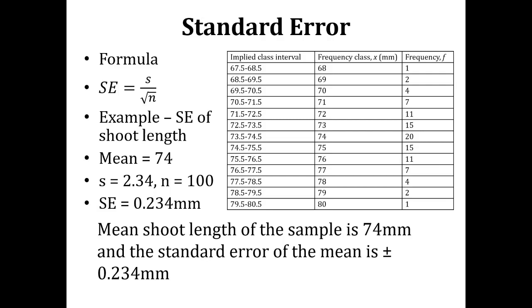So this is how we calculate the standard error. We have calculated the sample mean, which is 74 millimeters, and from this sample mean, we want to estimate the population mean. For that purpose, we need to know how much it deviates from the population mean. So this deviation is 0.234 millimeters. And this is how we can calculate standard error for estimating the population mean.